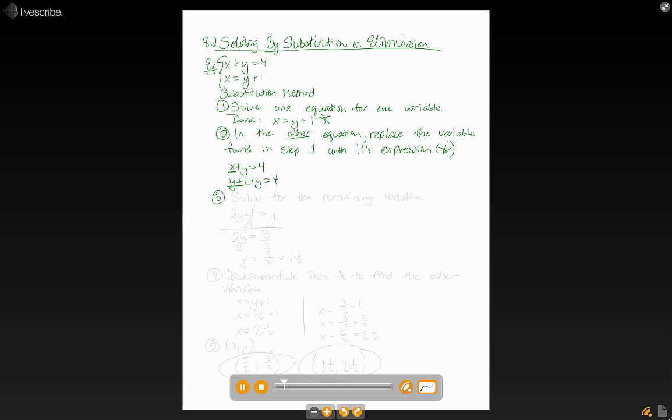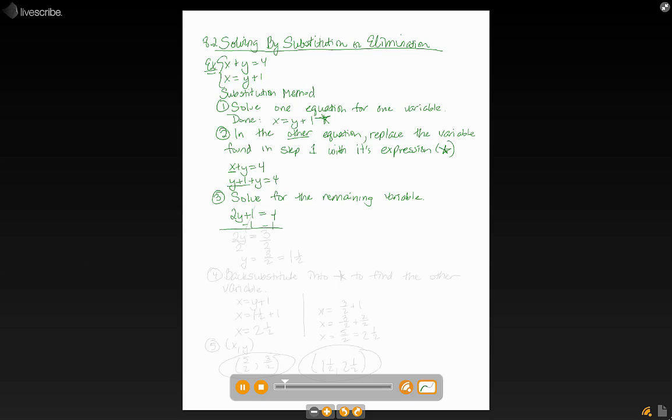Step 3, solve for the remaining variable. Okay, so adding my y's, I get what? 2y plus 1 equals 4.